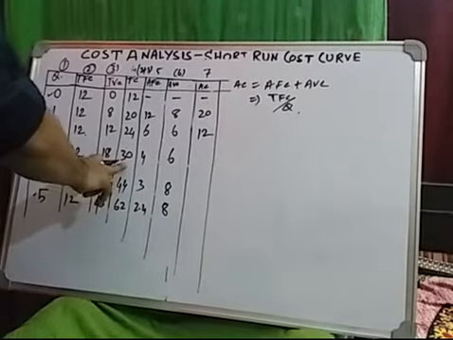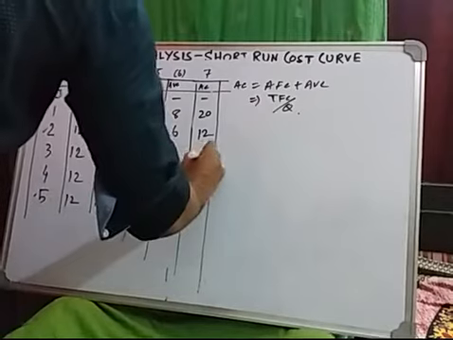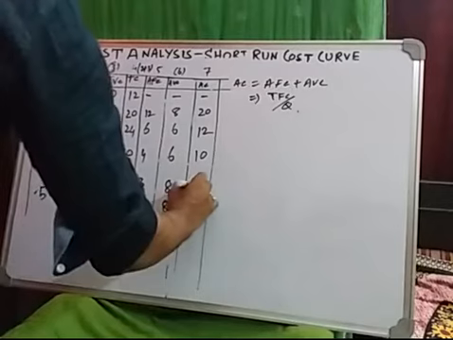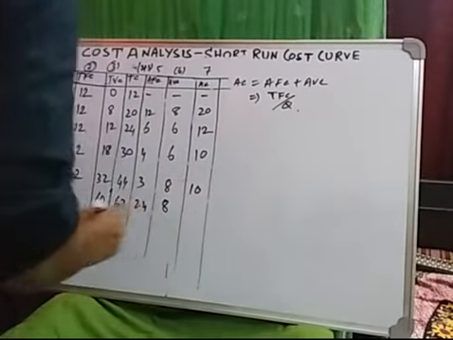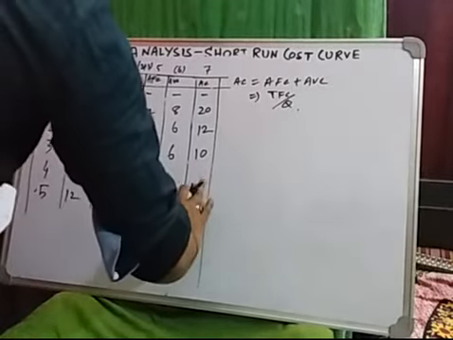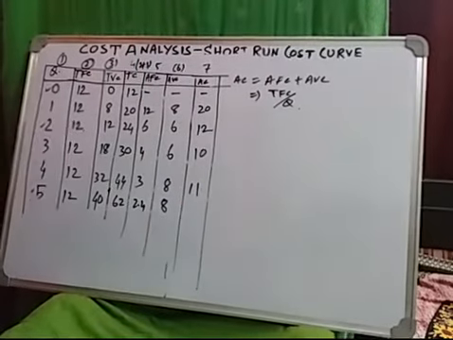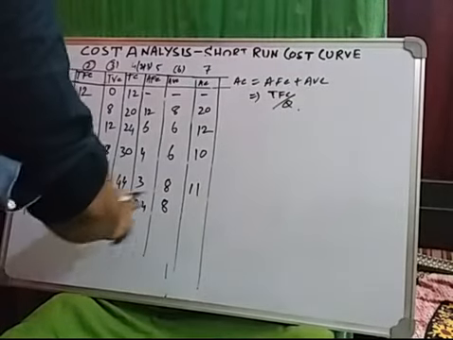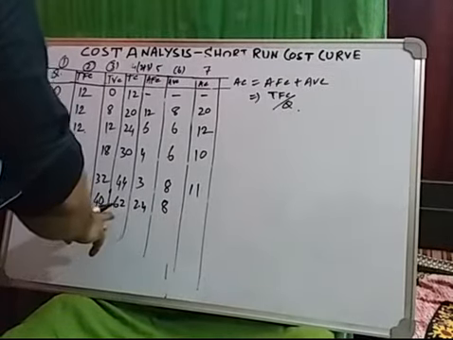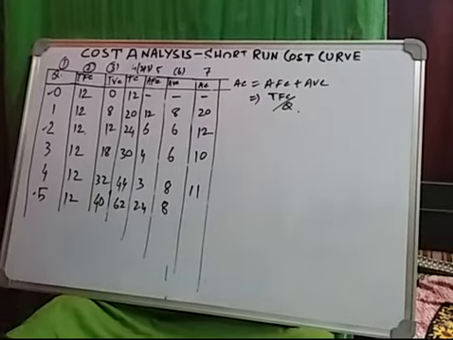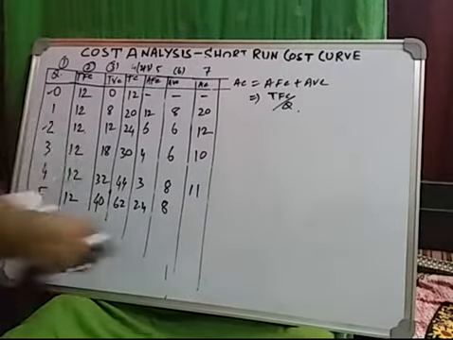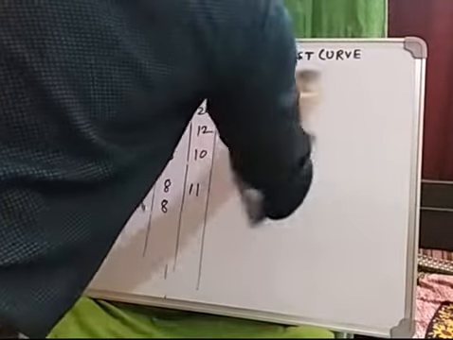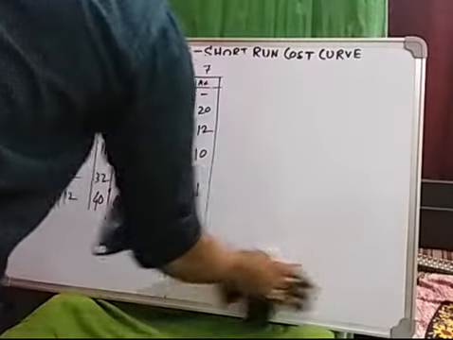Then 30 by 3 is equal to 10. 44 by 4 is equal to 11, and the next part, 62 by 5. If I add this divided by this, then you can get also the point. Now you put the data into the two dimension curve, then you can get automatically the AC curve.